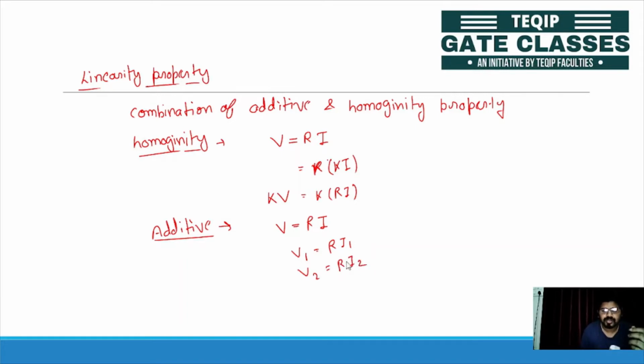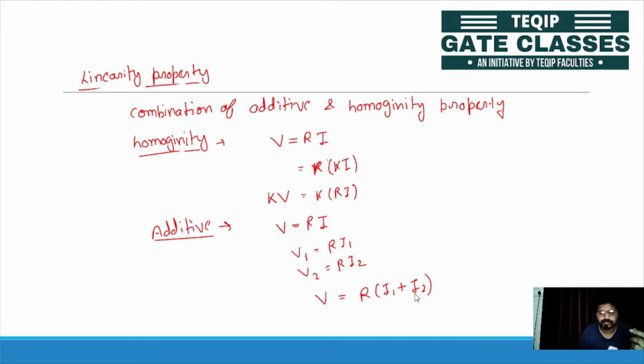Now if we add these inputs, R times (I1 plus I2), the response for the sum of the inputs will be equal to the response of the inputs acting individually.